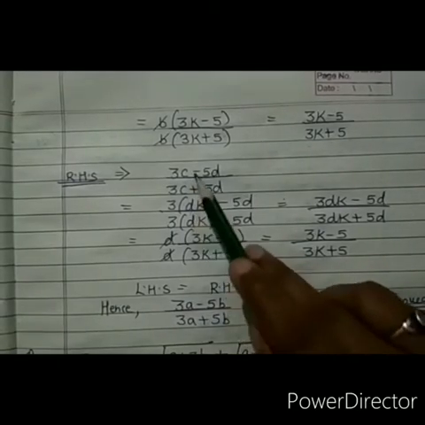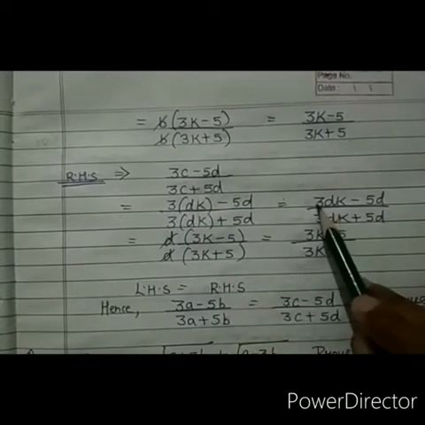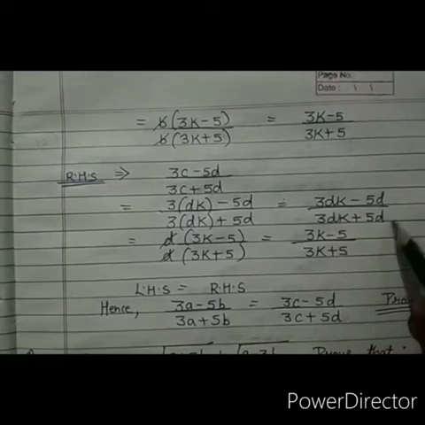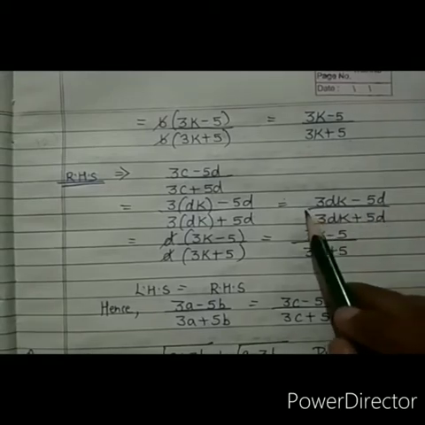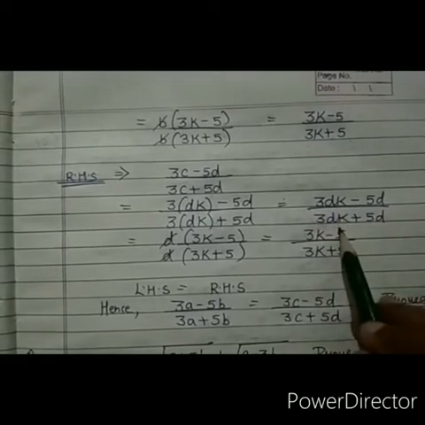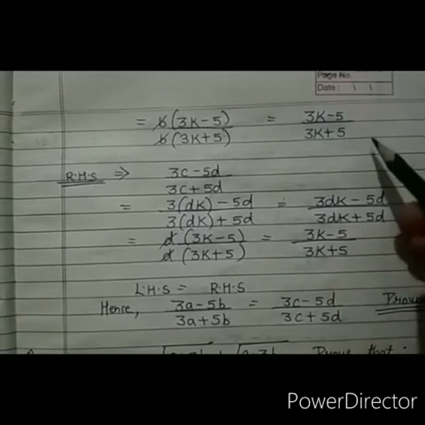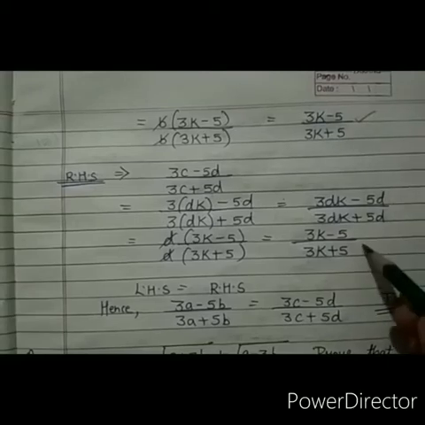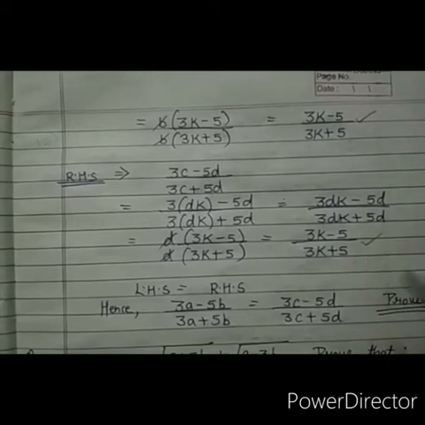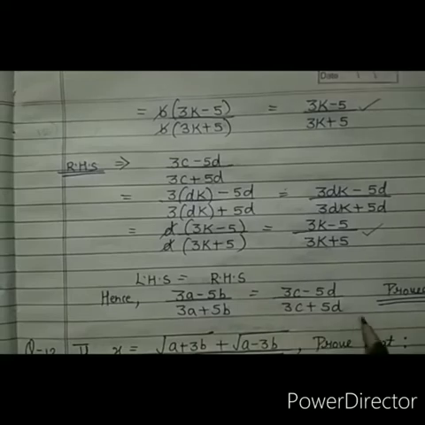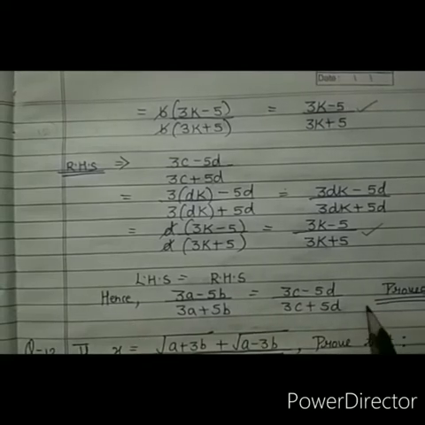After putting the value of c, we get 3dk minus 5d upon 3dk plus 5d. After taking out d common from numerator and denominator, then we will get 3k minus 5 upon 3k plus 5. So as we can see here, LHS and RHS are equal with one another. So we can say that 3a minus 5b upon 3a plus 5b is equals to 3c minus 5d upon 3c plus 5d. And this is what we have to prove in the question.